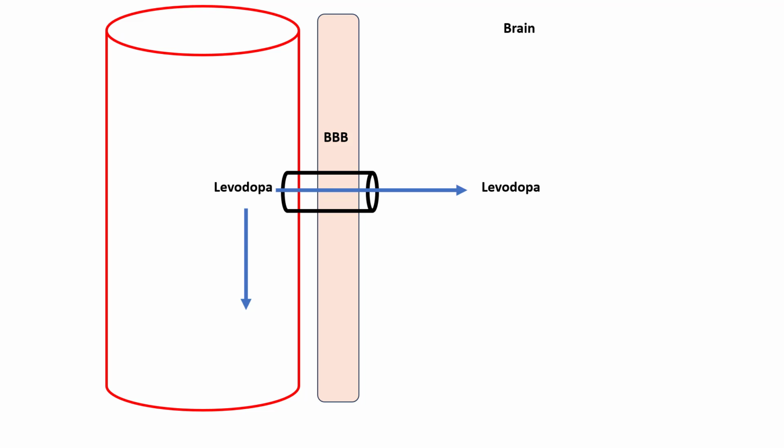While in circulation, levodopa can be acted upon by peripheral dopa decarboxylase, which converts levodopa to dopamine. Obviously, this dopamine is useless and serves only to cause nausea and hypotension to the patient, and therefore we can block this peripheral dopa decarboxylase using drugs such as carbidopa and benserazide.